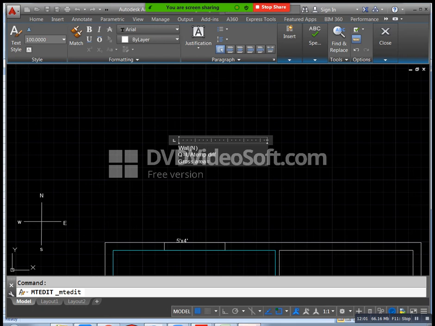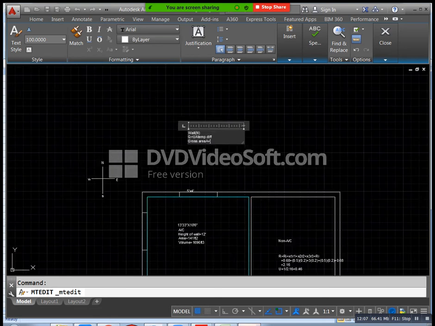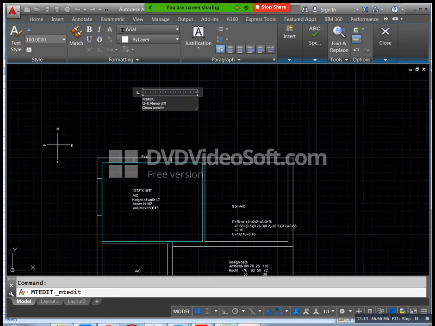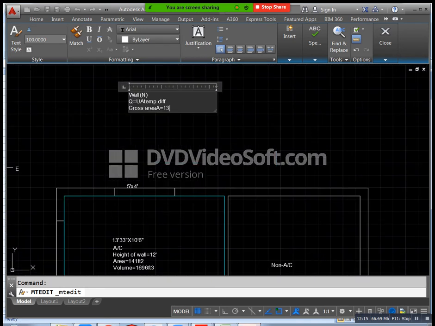I can mention here 13 feet 33 inch into height of the wall 12 feet. Then you calculate 13.33 into 12 is 159.96. We will consider 160 square feet.